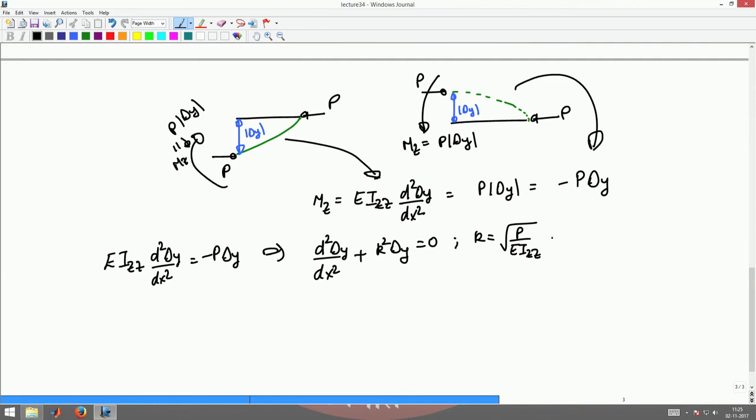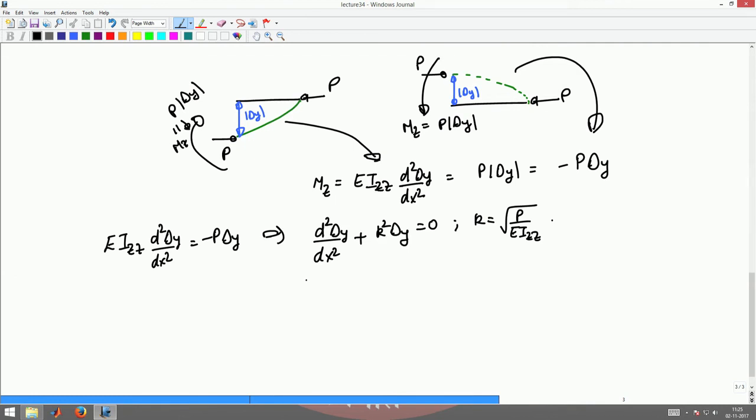This is a second order differential equation for which the solution is known. Delta y would be of the form c1 times cos kx plus c2 times sin kx.